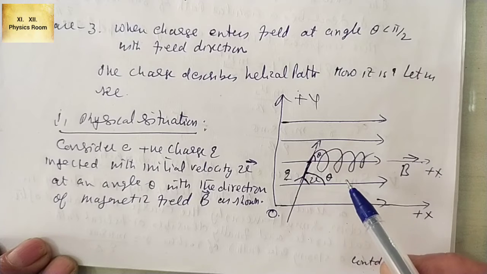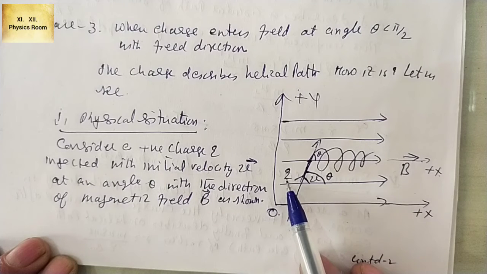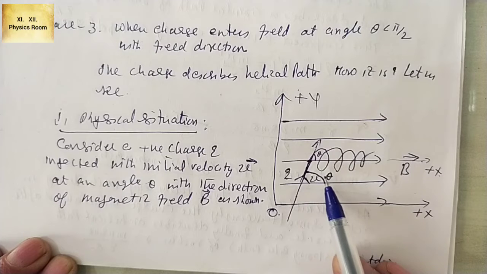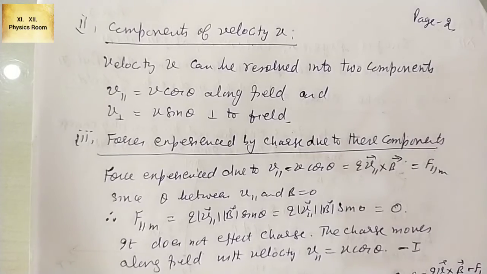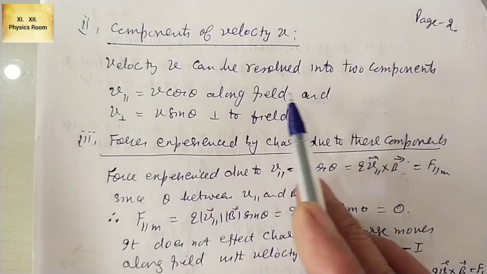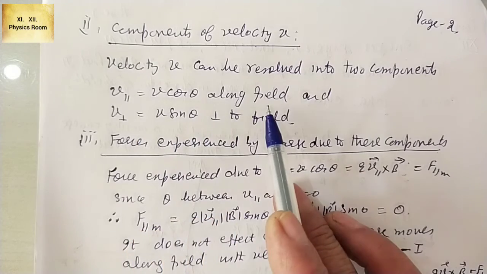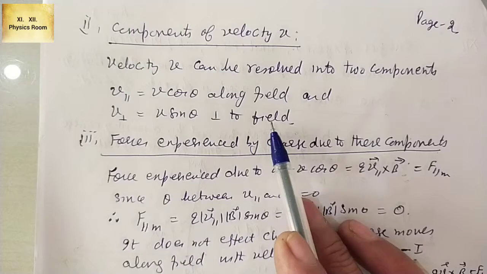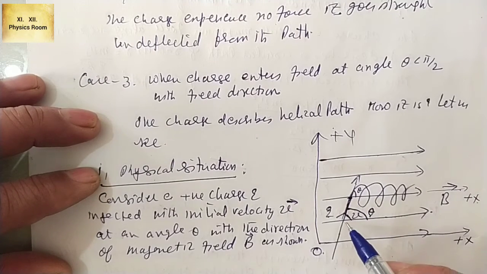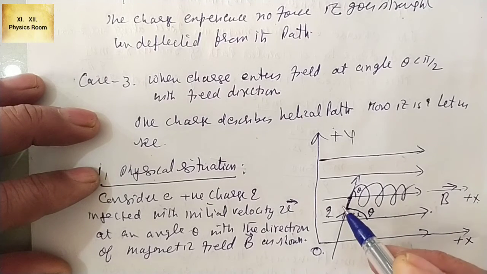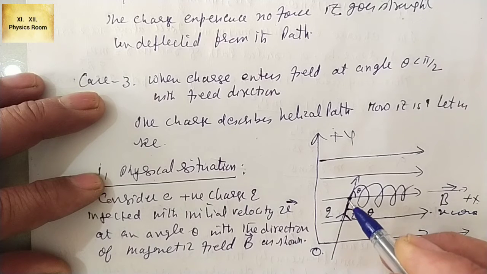Now quantitative analysis. Physical situation: consider a positive charge Q injected with initial velocity V at an angle theta with the direction of the magnetic field B. Components of velocity: velocity V can be resolved into two components, V parallel, V cos theta, along the field, and V perpendicular, V sin theta, perpendicular to the field.